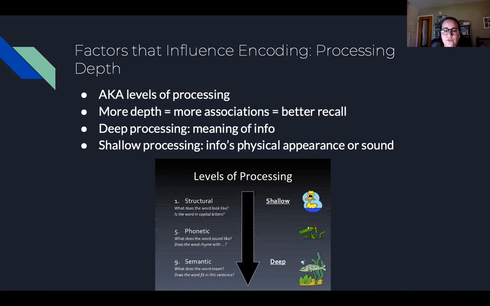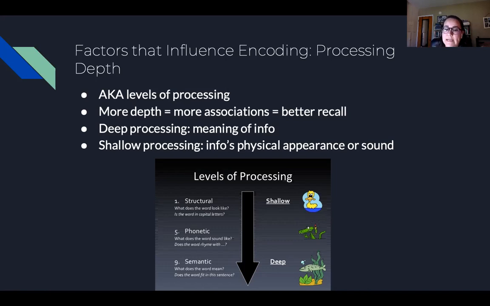And this will then lead to a longer, what they call a memory trace, essentially a more long-lasting memory in long-term memory that can then be accessed. So it's deeper, there are more associations, it's richer, and therefore you're going to be able to recall it better.